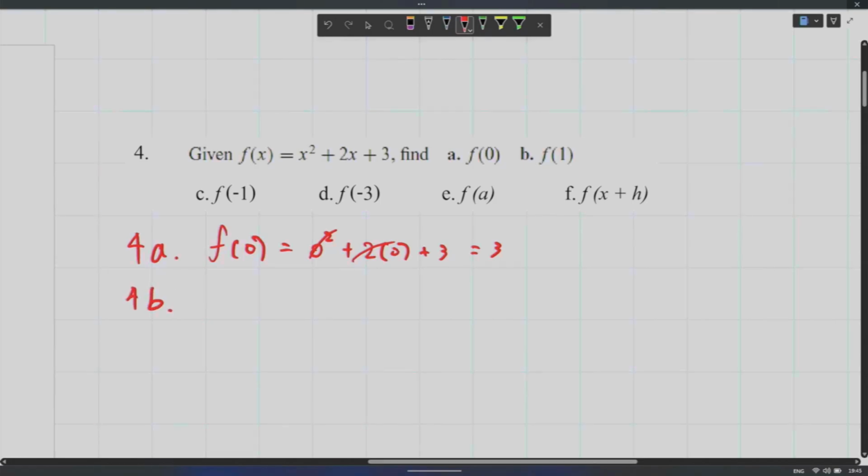Next, for b, f of 1 is 1 squared plus 2 times 1 plus 3, which is 1, 2, 3, so it is 6.